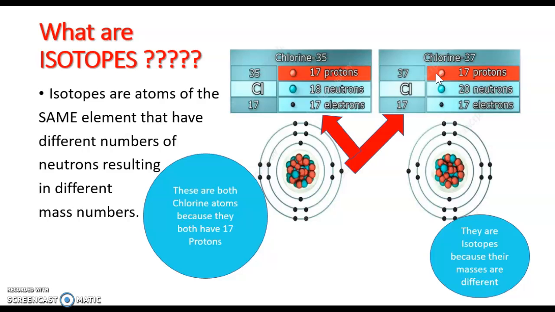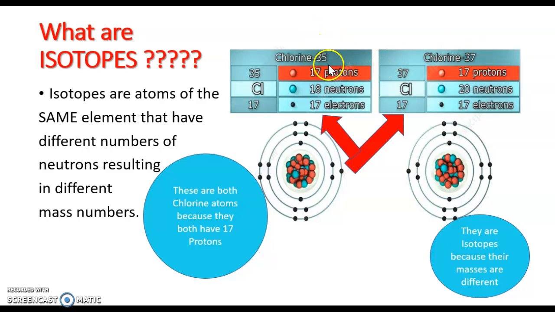But in order to calculate the number of neutrons, we need to take the given mass number for whatever isotope. So if you see the 35, you're going to use 35, subtract 17, and you'll get 18 neutrons for that form of chlorine. And then if you see the 37, you're going to take the 37, subtract the 17, and you're going to get the 20 neutrons for that isotope.